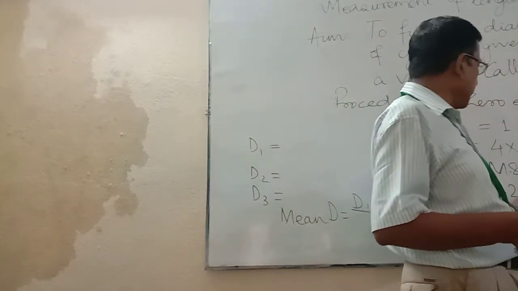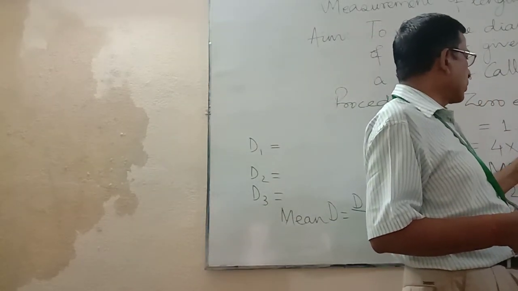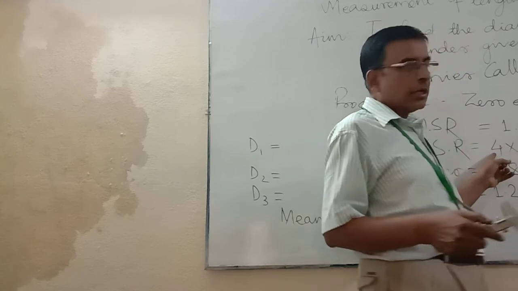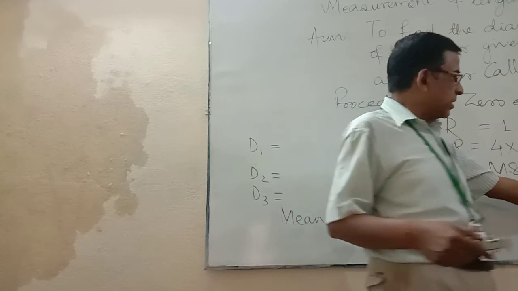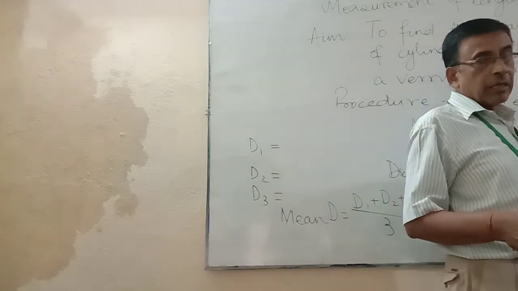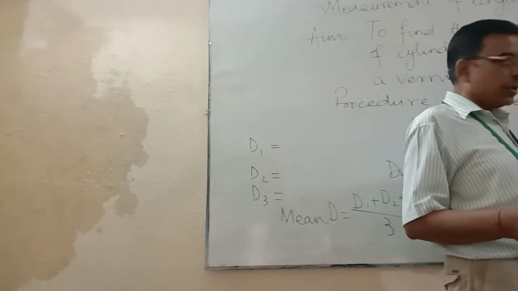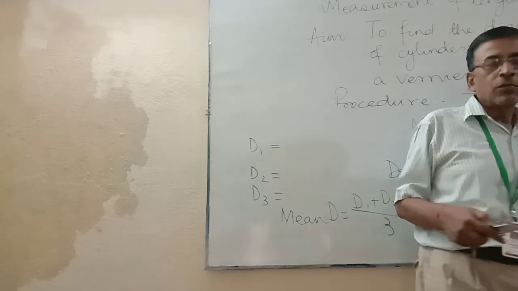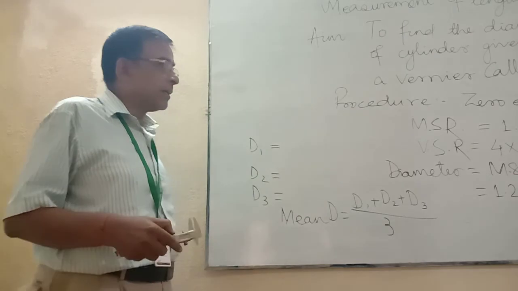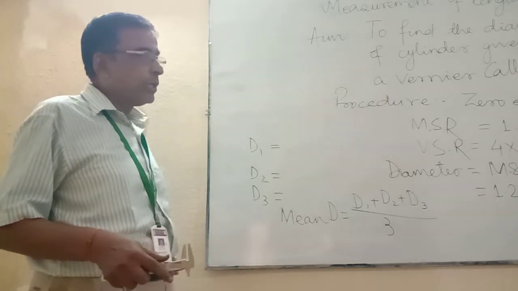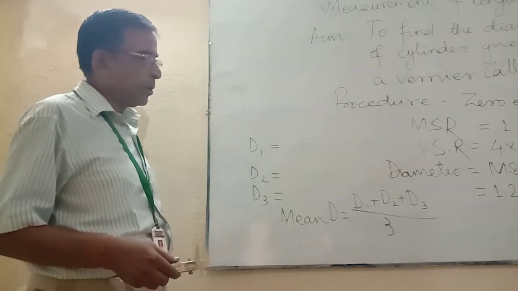Suppose even if the coincidence is at 0, suppose instead of 4 it is 0. Then what will happen? This will be 0. But your answer must be 1.20. It may not be 24, but you have to write 1.20. Means you have done for the second place. You will not leave the answer as 1.2.